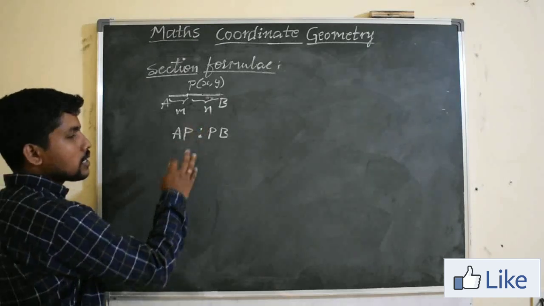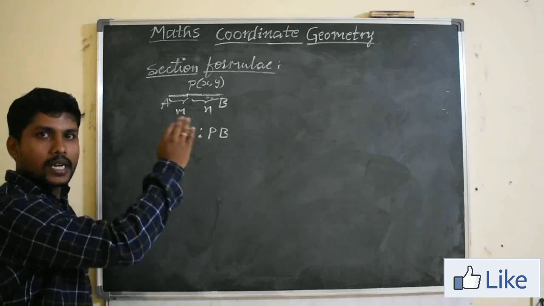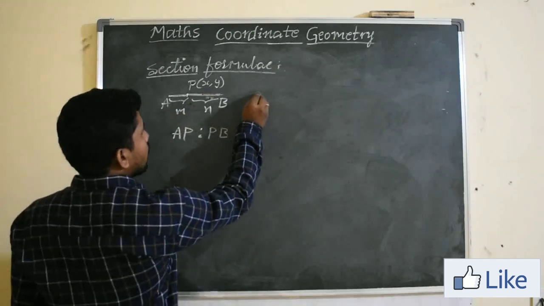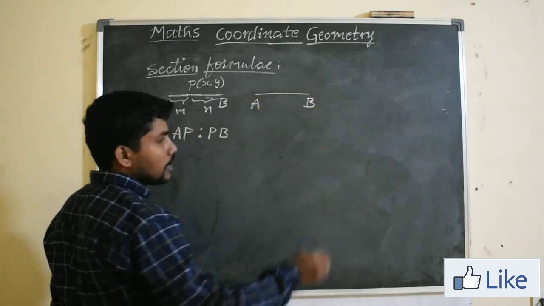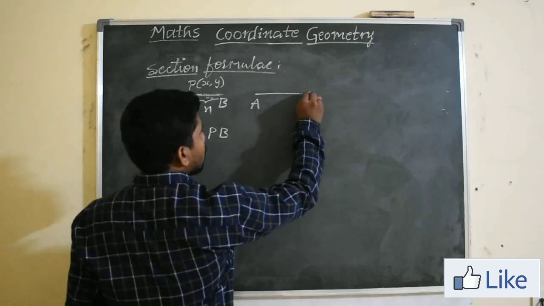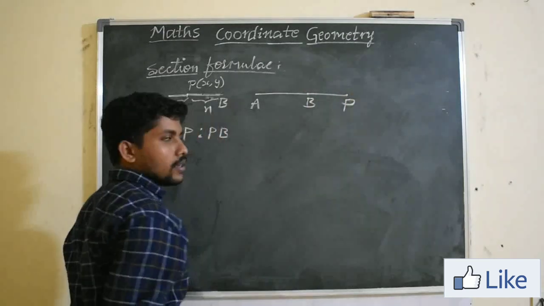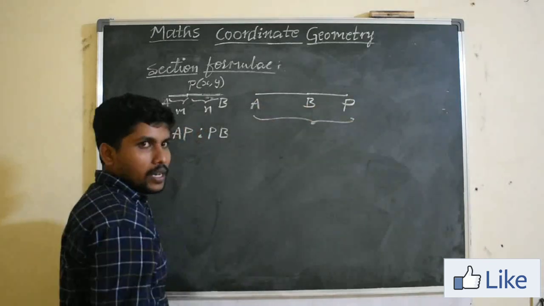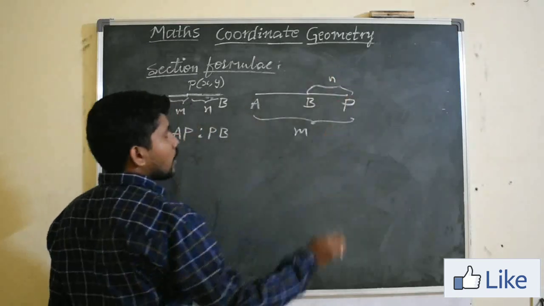The division also occurs in two ways. One is the point may divide the line segment internally, or the point may divide the line segment externally. If you observe here, the two points A and B, this is the line segment. On extension of this line segment, somewhere else the point P may divide this line segment externally, then the ratio will be AP is to PB.